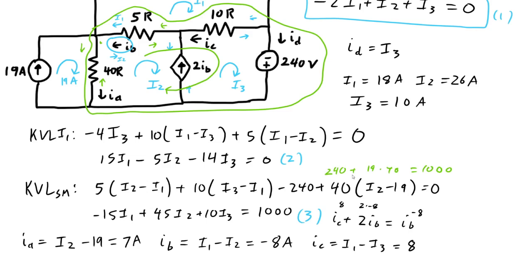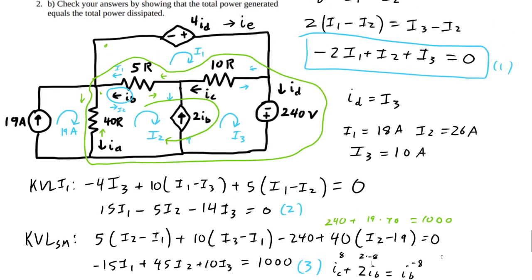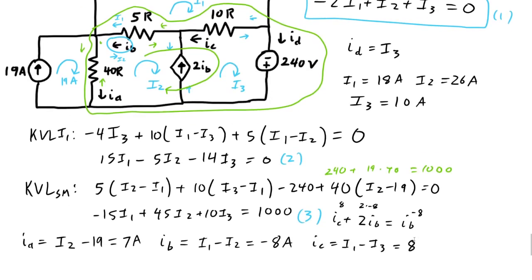So yeah, that makes sense. I see that. And ID is going to be IE plus IC. So, oh, actually, no, we don't have to calculate ID, we know a priori ID is going to be I3. ID equals I3, which means it is 10 amps.